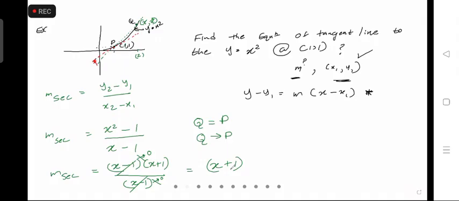Now you know the gradient of the secant. Now you can write down the equation for the tangent line. Now you know the gradient, so now it is very easy.